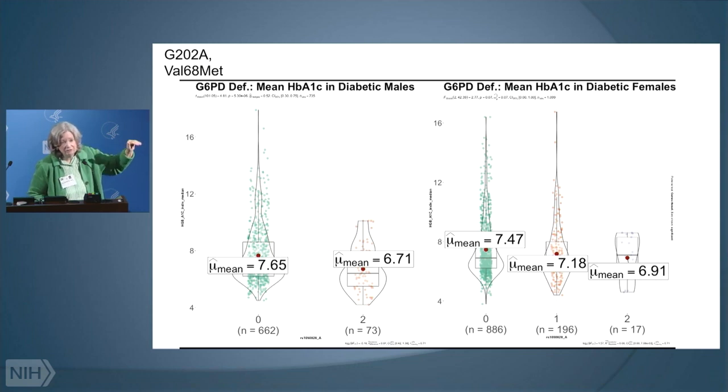The reason that this affects hemoglobin A1C levels is that there's red cell hemolysis, which affects the average lifespan of the red cell. What we're doing is measuring the glycation of hemoglobin on red cells. And in people without G6PD variants leading to red cell hemolysis, we're getting a snapshot of the average circulating glucose levels in about the past 3 months, which is the rate of red cell turnover.